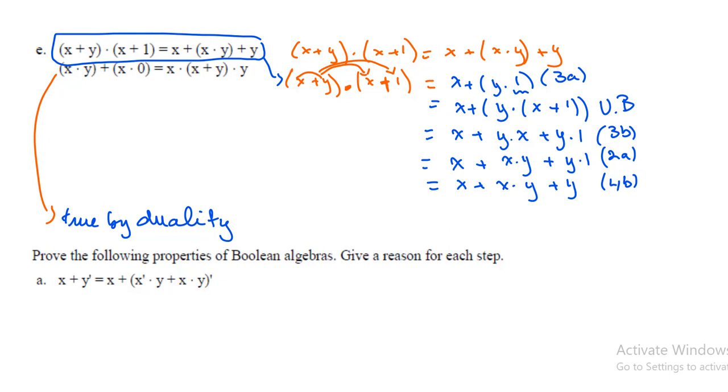And we're done. This is the other side. So sometimes there is more than one way of getting to the other side. So here I showed two proofs for the same expression. We'll stop here and we'll continue in the next video with more proofs.